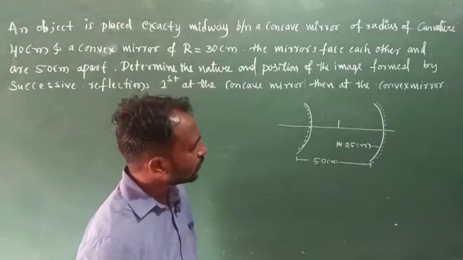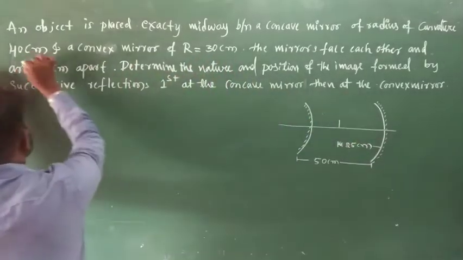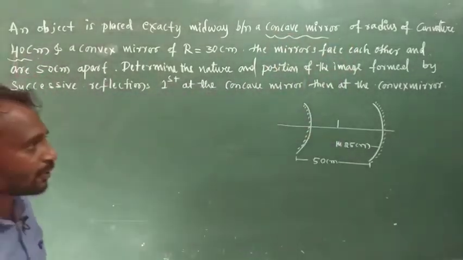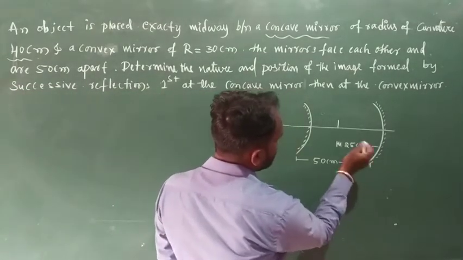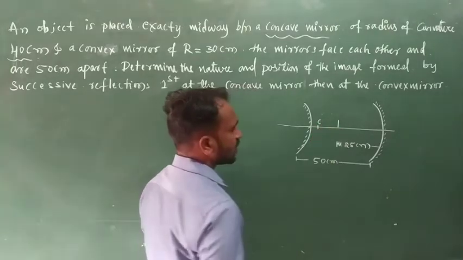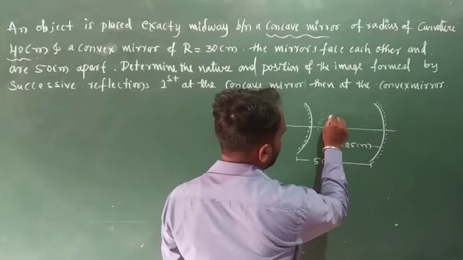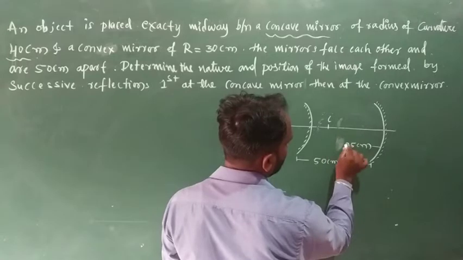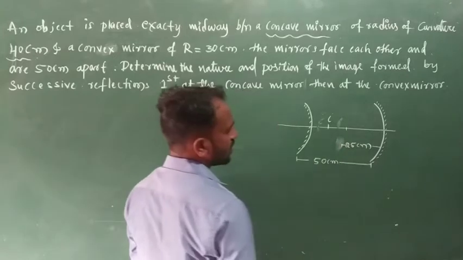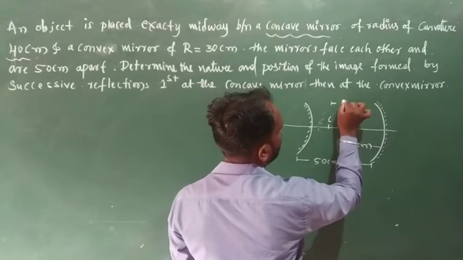Another one is the radius of curvature of the concave mirror. The radius of curvature of the concave mirror is 40 centimeter. So this one is C, the center of curvature, and the radius of curvature is already given as 40 centimeter.